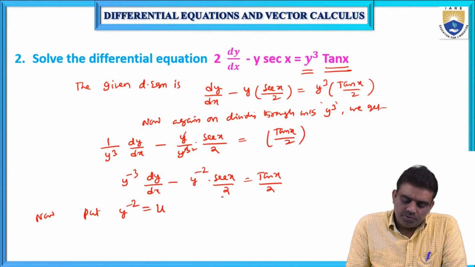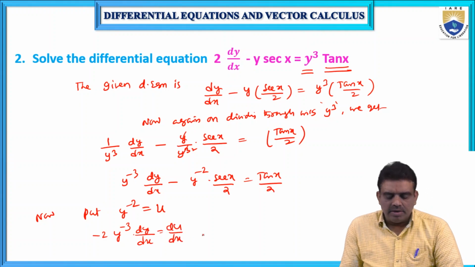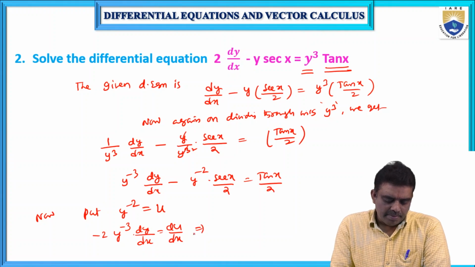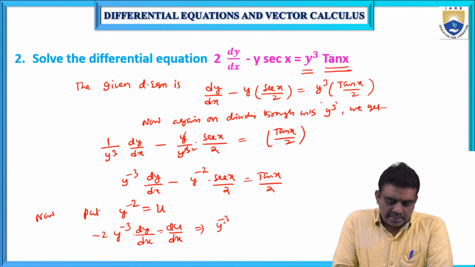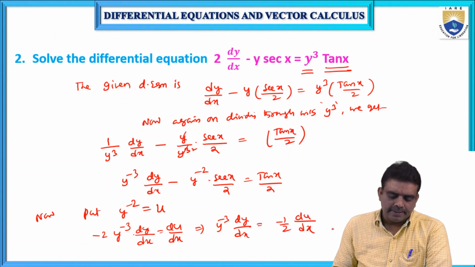I am taking the coefficient of this one, y power minus 2, as u. Then differentiating with respect to x, y power minus 3 dy by dx is equal to minus 1 by 2 into du by dx.